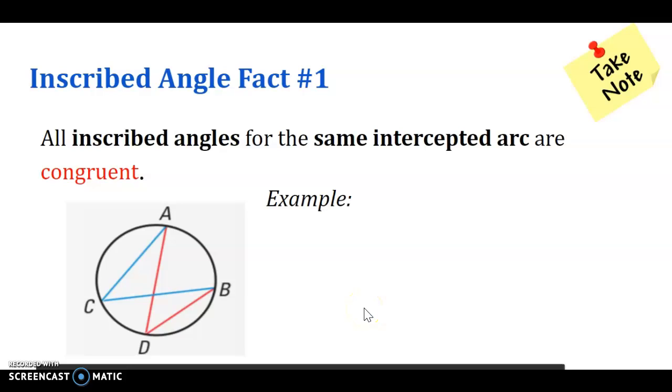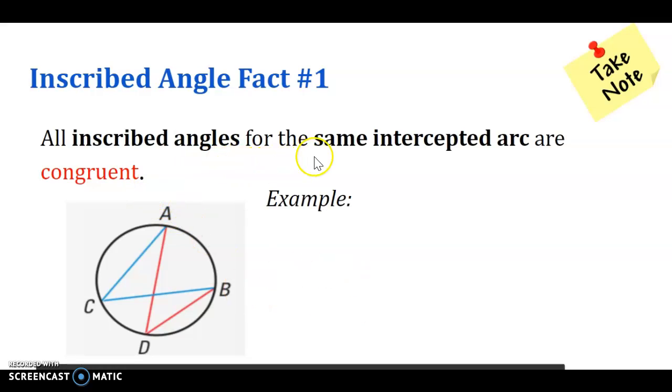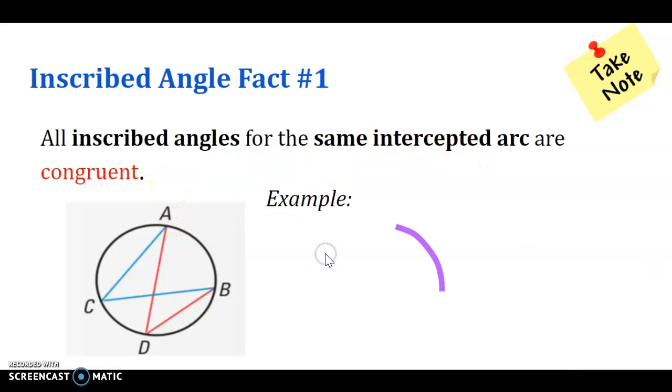Let's get back to the slides and summarize what we've just discovered. Fact one: all inscribed angles for the same intercepted arc are congruent. For the given arc AB, the intercepted arc, the inscribed angles are angle ADB and angle ACB.